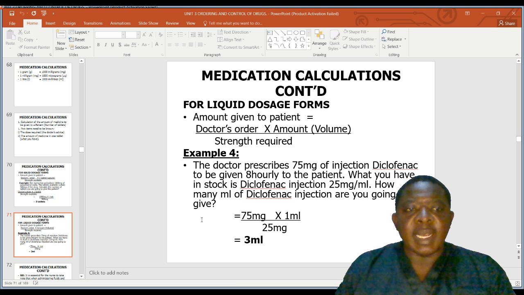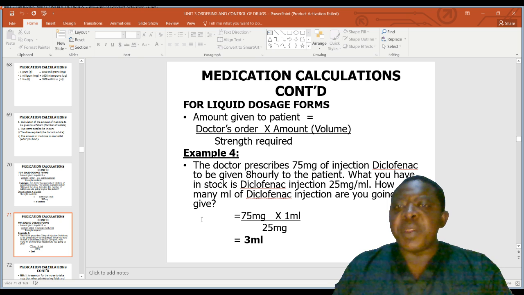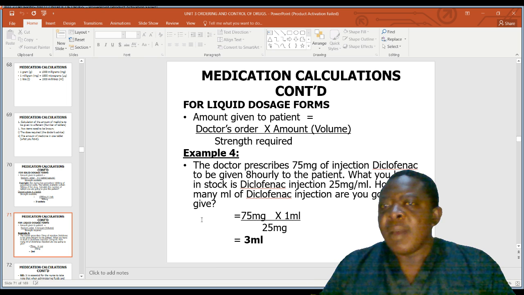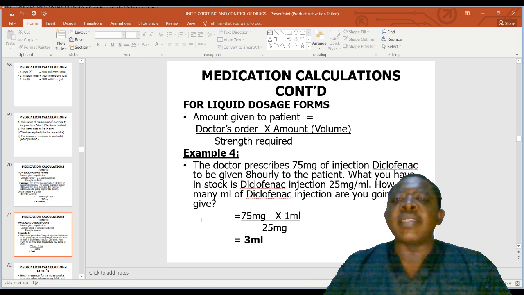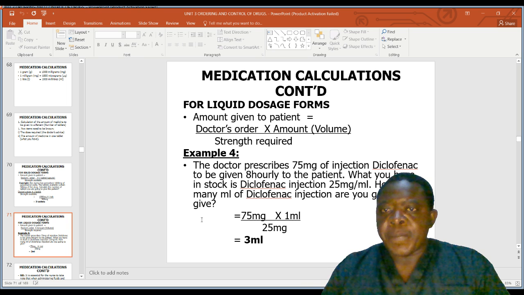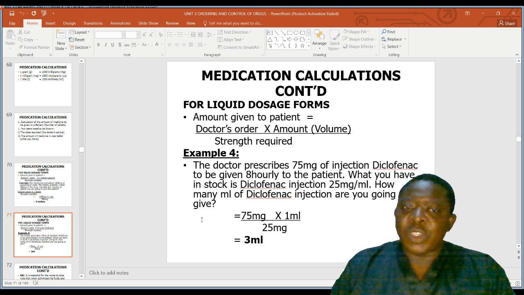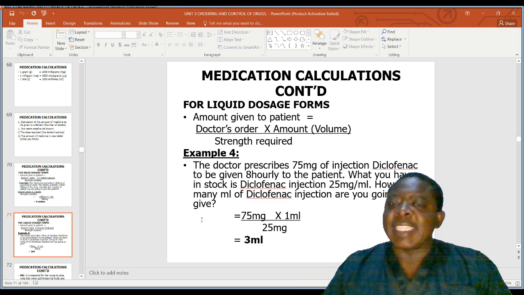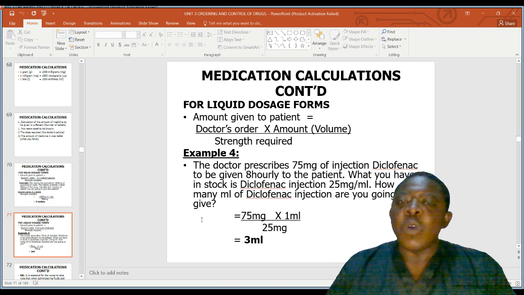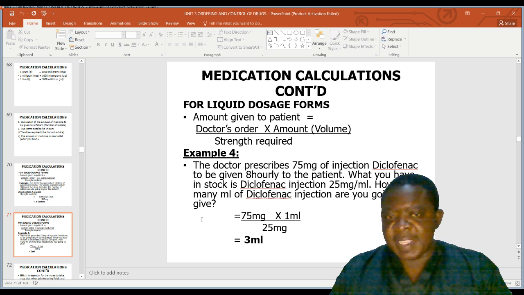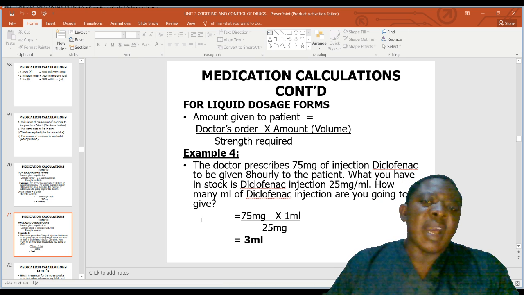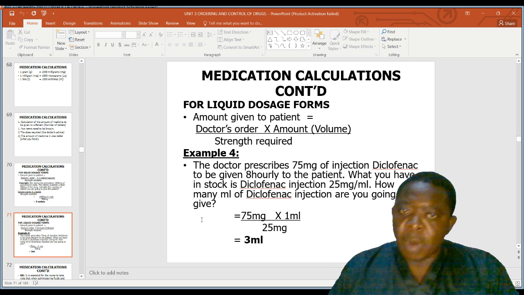Okay, here we have an example. The doctor has prescribed 75 milligrams of diclofenac injection to be given 8 hourly to the patient. What you have in stock is diclofenac injection 25 milligrams per ml. So how many ml of diclofenac injection are you going to give? So the doctor here has ordered 75 milligrams.